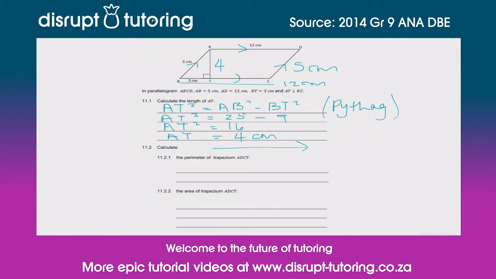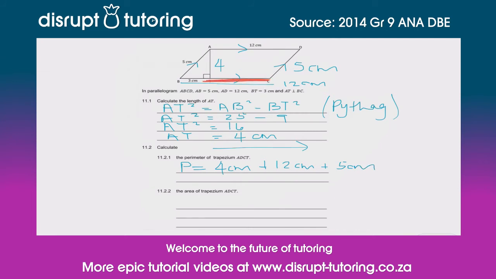Brilliant. Right, very last thing I need to do is 11.2. Calculate the perimeter of trapezium ADCT. So we know perimeter is simply the measurement around the entire shape. So I'm going to say the perimeter is equal to 4 centimeters plus 12 centimeters plus 5 centimeters, and then the last one is the only little tricky bit.